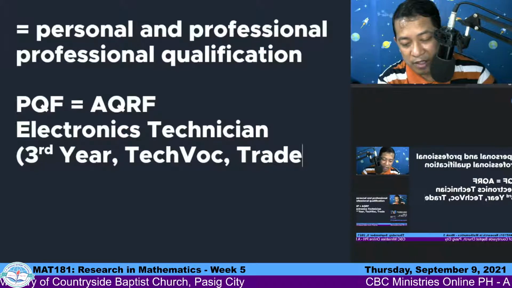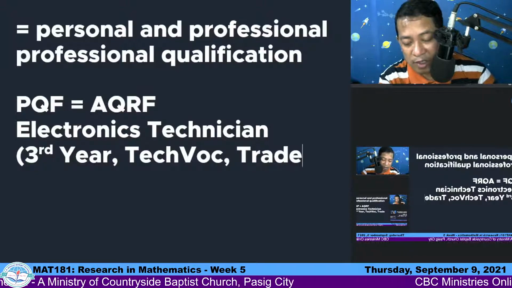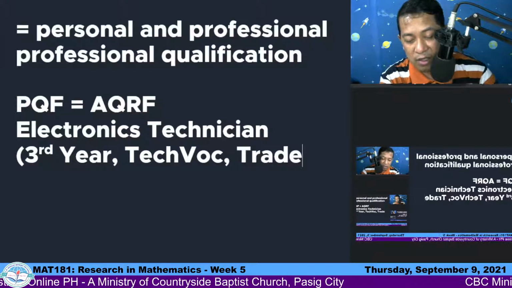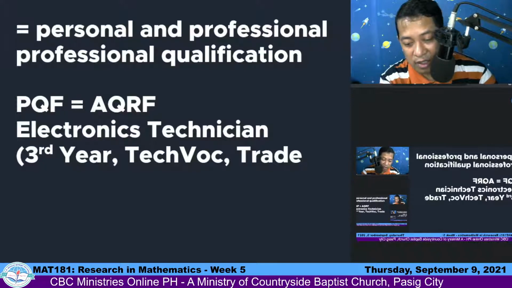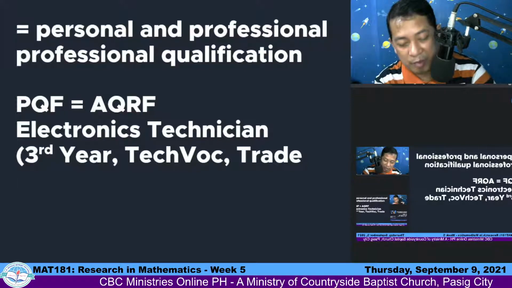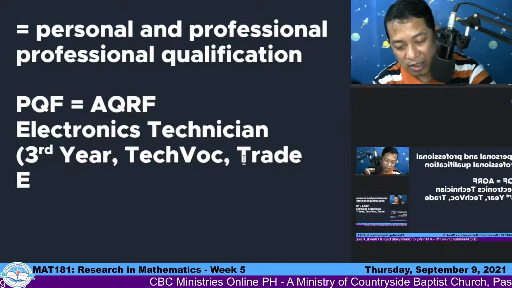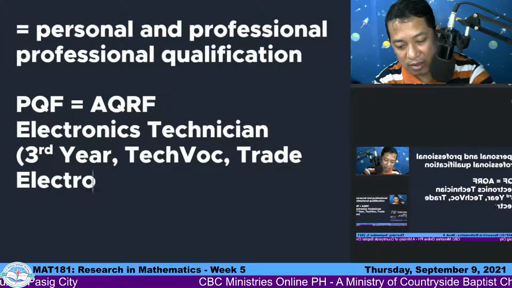But as far as collegiate level is concerned, you must be at least third year of college before taking the electronics technician. And then afterwards, after 5 years before, now it's only 4 years, it's electronics engineer.